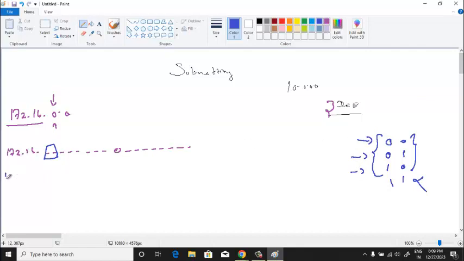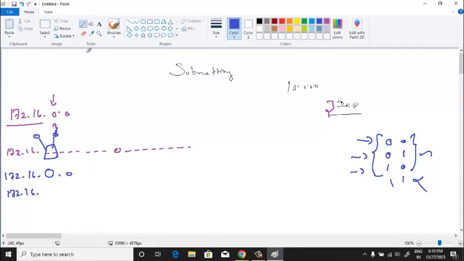So 172.16. If both the bits are 0, this is going to be 0. Dot 0. And what is the next one? Here it is 1. If there it is 1, 172.16.